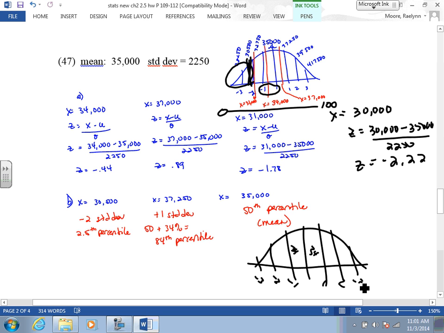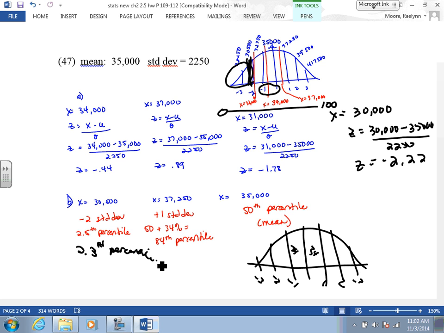Is that 2.5? It's 2.4. 2.5 or 2.6%. Or 2.3, depending on which graph you use. If you use the one from the Regents, it's more exact. If you use the one from the book, remember it's rounded. And 2.3 is fine.